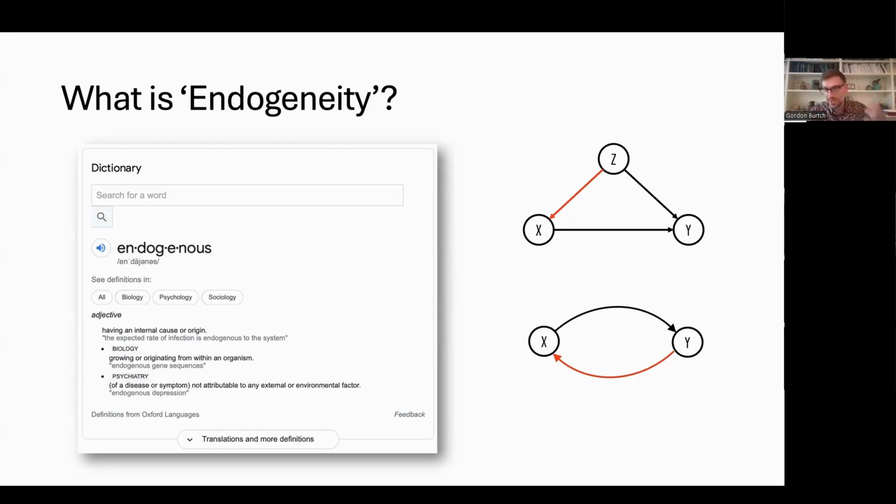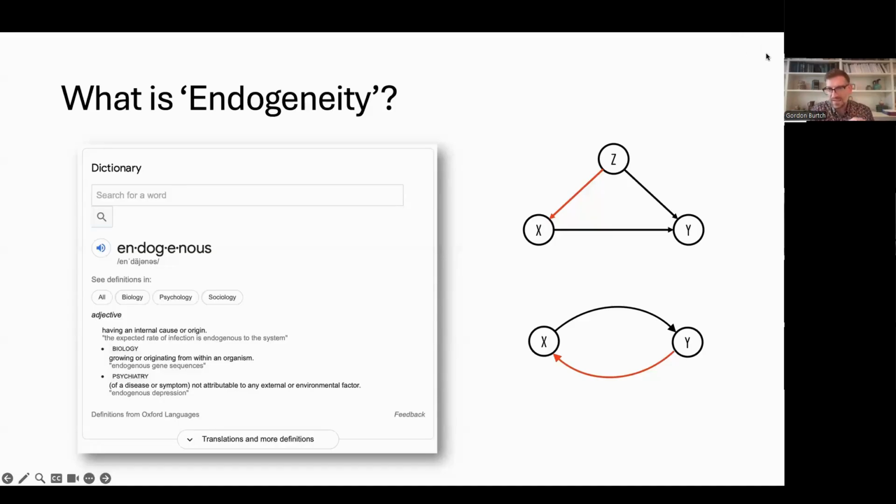It is generally the case that the problems we're talking about are possible paths of influence where the thing I'm studying the effect of, my treatment, my X variable, my right-hand side variable of interest, is not external to the system, that it actually has inbound causal effects from other things that I'm studying in my system. That's bad because it becomes really difficult to isolate the causal effect of the thing I care about, X in these diagrams, on the outcome of interest, Y.